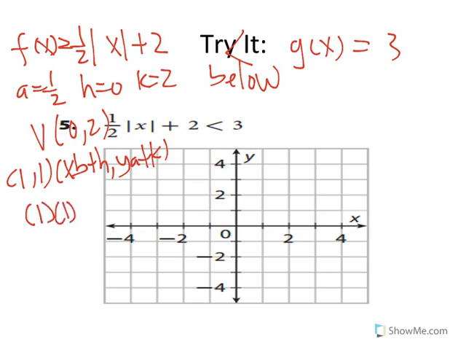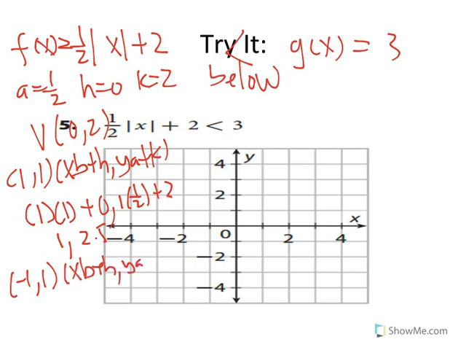So 1 times 1 plus a 0, and 1 times 1/2 plus 2, so then we get 1 and 2.5. Other one, -1, 1, go xb plus h and ya plus k. So we're going to be -1 times 1 plus a 0 and 1 times 1/2 plus a 2. So this gives us a -1 and 2.5.